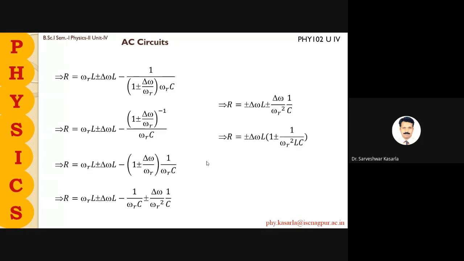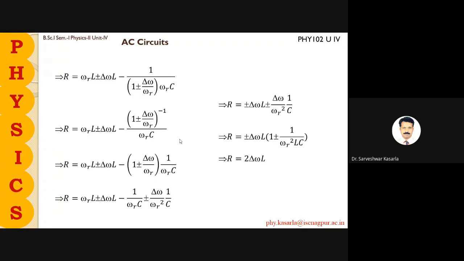So here, R is equal to this much. Again, we have taken delta omega L common from both the equations. Okay. Then now the plus or minus sign has no importance. Okay. So if you continue with this, then that will be equal to this much.